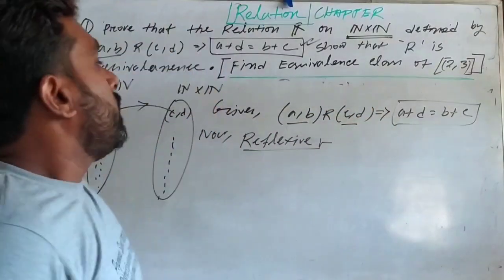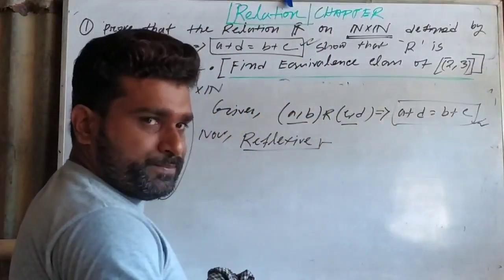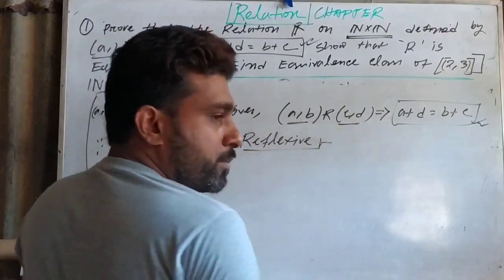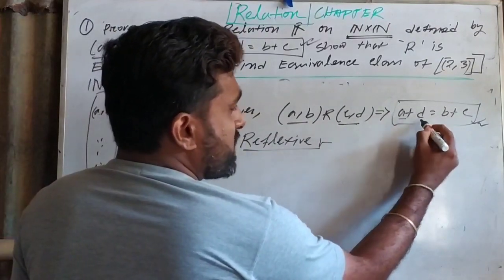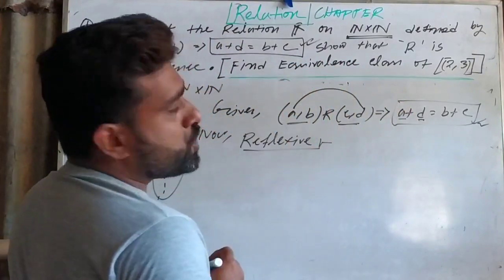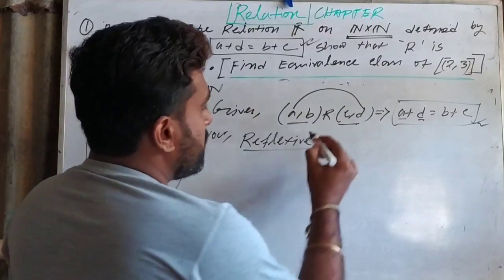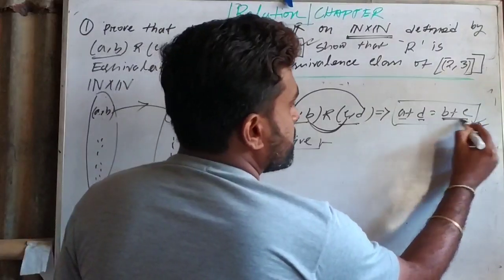Now, what is the similarity here? You can see these are two ordered pairs. Here a + d, that means these two elements are added, and b + c.